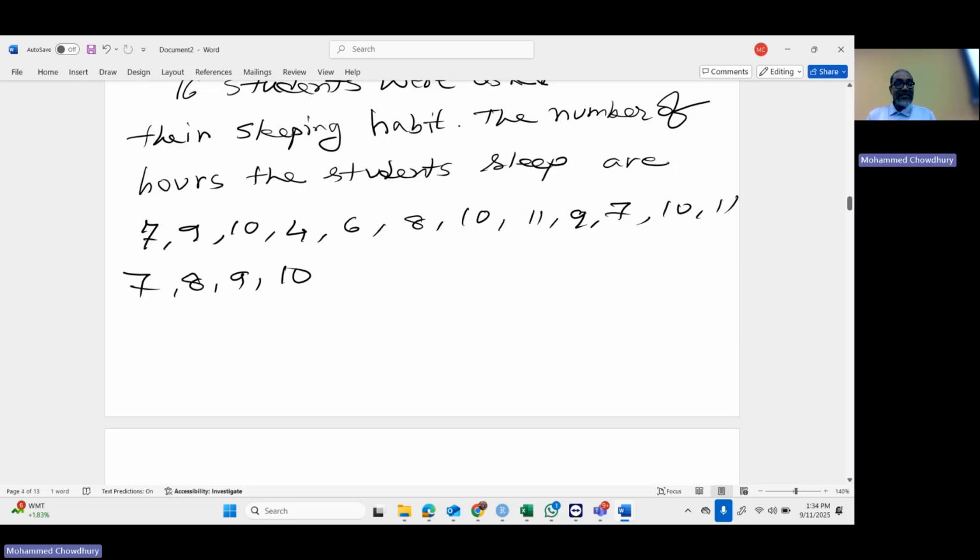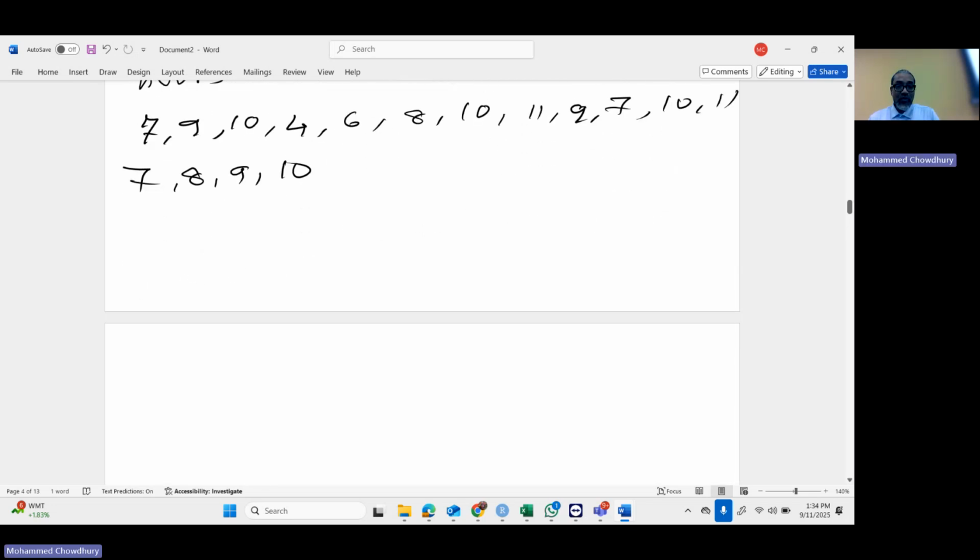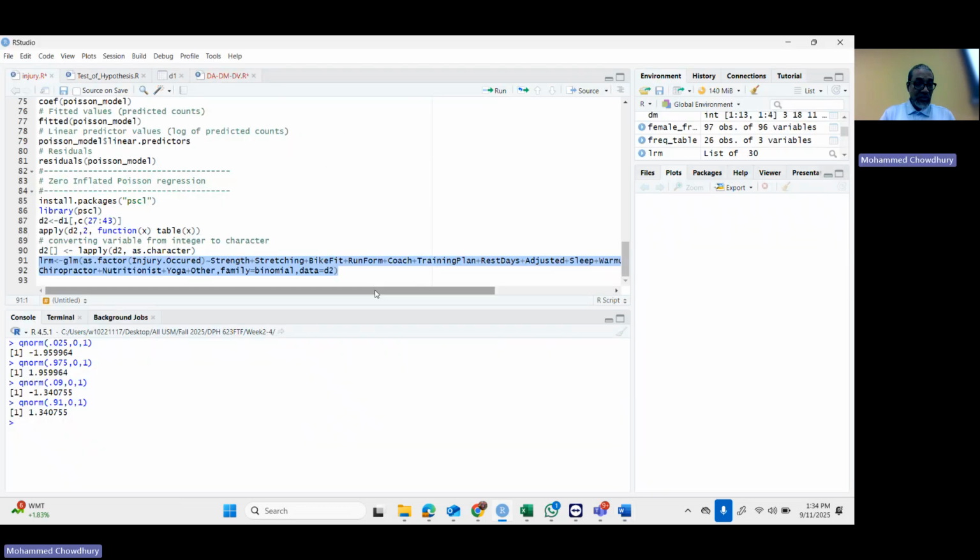So now, as these are the numbers, I want to compute their x bar, I want to compute their s, and I also want to know n equal to 16, right? Could you tell me the numbers?